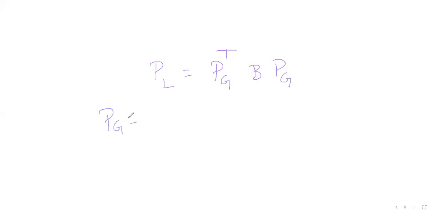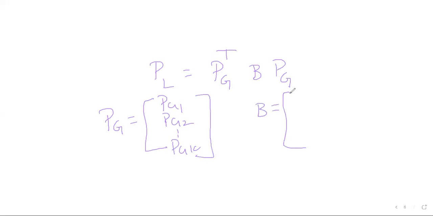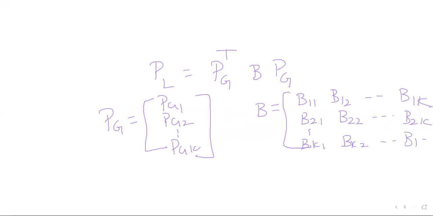Suppose there are k number of plants, then PG equals PG1, PG2, up to PGk. And B equals the matrix with rows B11, B12, up to B1k; B21, B22, up to B2k; like that up to Bk1, Bk2, Bkk.